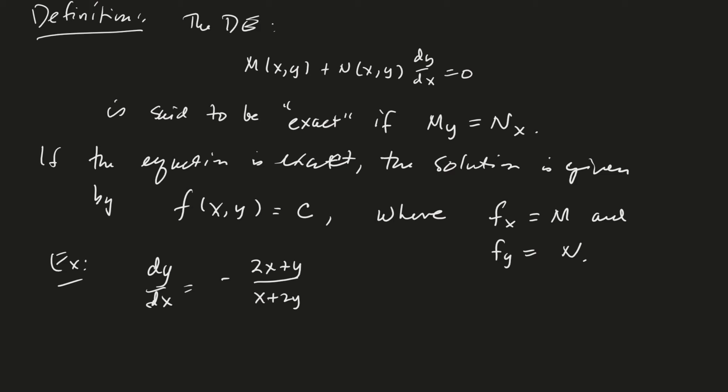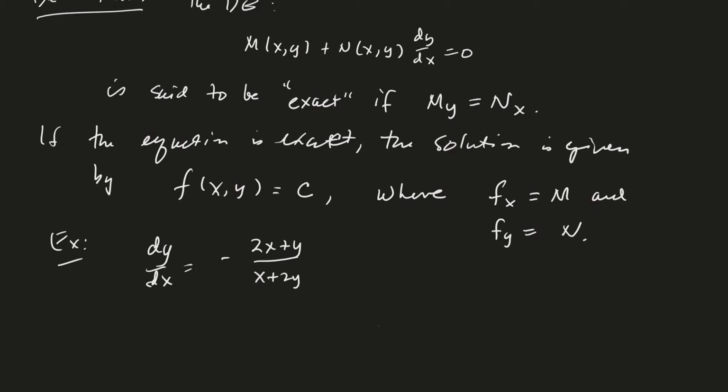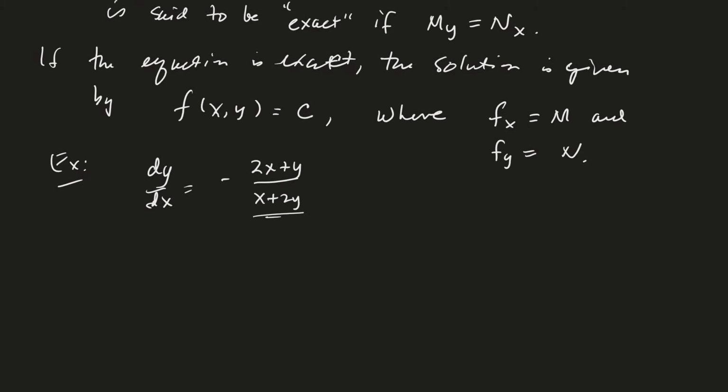The problem is that this is not of the right form, right? So first I'll multiply both sides by x plus 2y, and then I'll bring the 2x plus y over. So I would have (x plus 2y) dy/dx equals 0, and then bring the 2x plus y over.